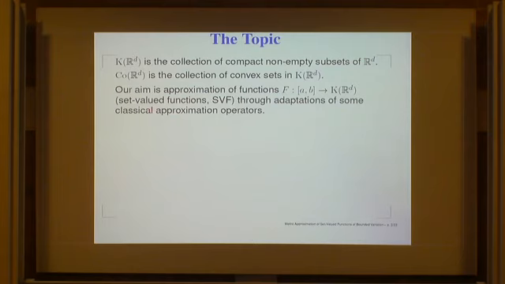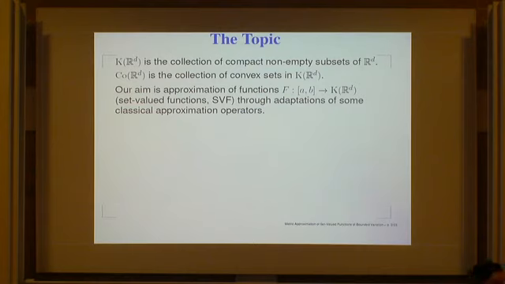Such functions are called set-valued functions, and I will abbreviate it many times as SVF. And in particular, what we are trying to do here, we are trying to work with classical approximation operators and see how we can extend them so that they can be somehow adapted to this setup.